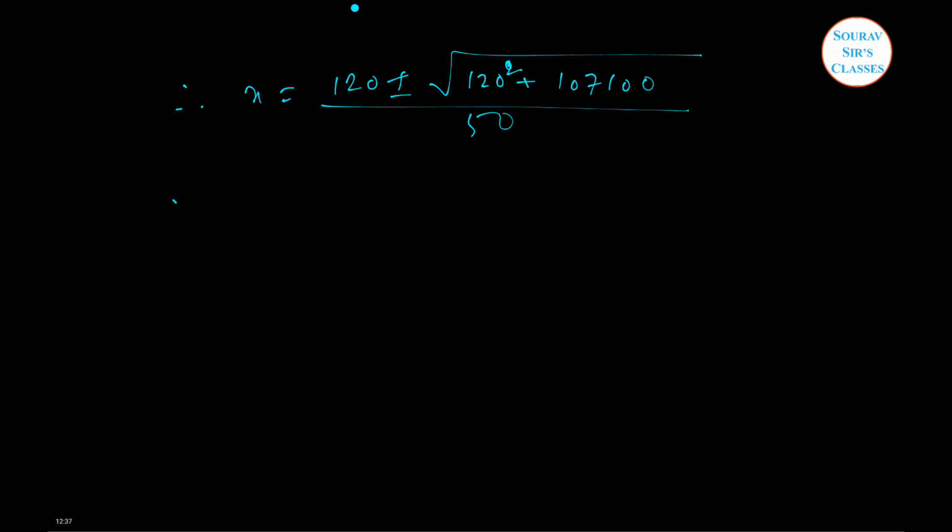So here we can solve it. 120 plus minus root over 120 square plus 107100, whole divided by 50.